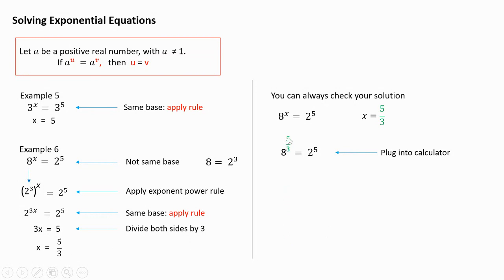If it doesn't give you a little exponent, like a square, to plug in the exponent, you have to put parentheses. So it's always wise to put parentheses on the exponent, especially if it's a fraction, to eliminate mistakes. Or you can do it without a calculator. But with a calculator, it's going to give you 32.